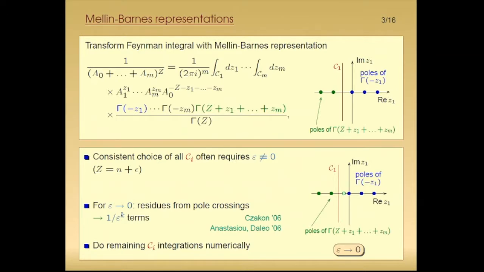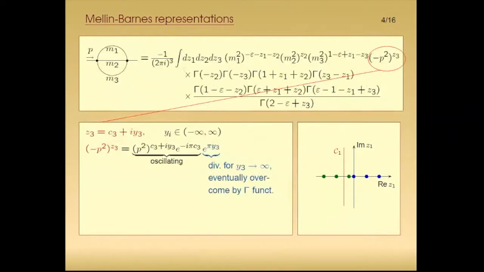That's the idea. However, that's sometimes not as simple as it looks, because if you use physical kinematics in Minkowski space, you sometimes get contributions like this, where you have minus momentum squared to some power. And well, if I take this minus something and I split it up into complex pieces, I see that this minus sign produces an e to the something with the imaginary part here in the exponent.